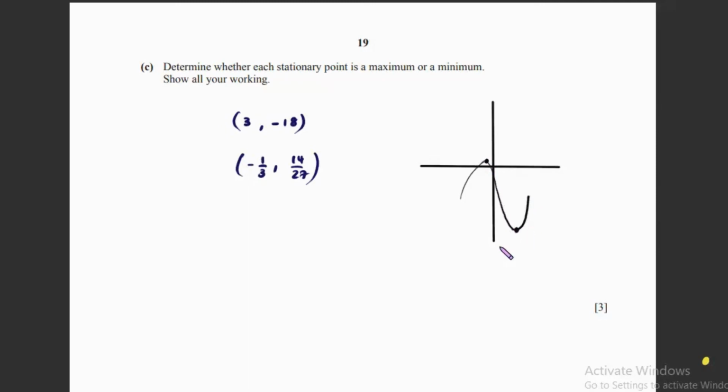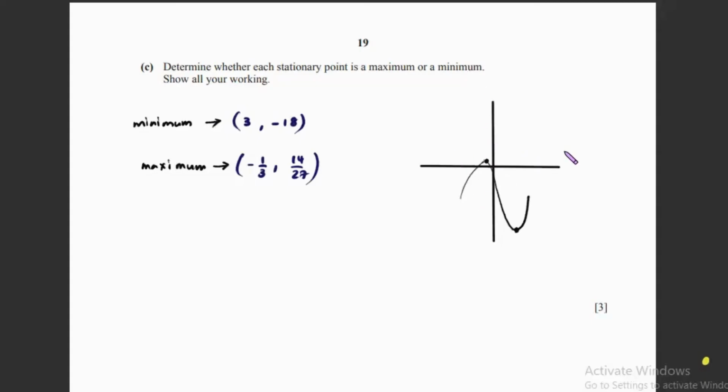This is how the graph will look. That is how we know which is the maximum and the minimum. So this point, negative 1/3 and 14/27, is the maximum point, and this is the minimum coordinate point. So this is how we identify.